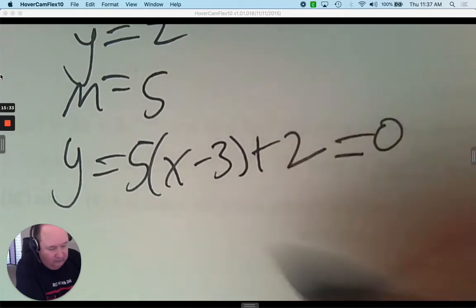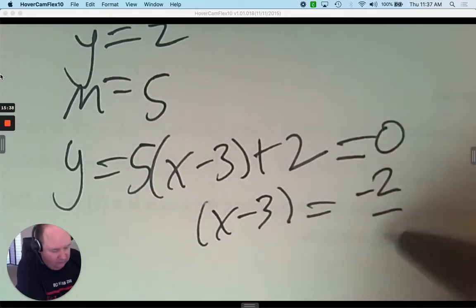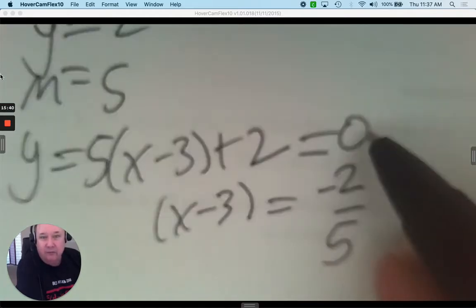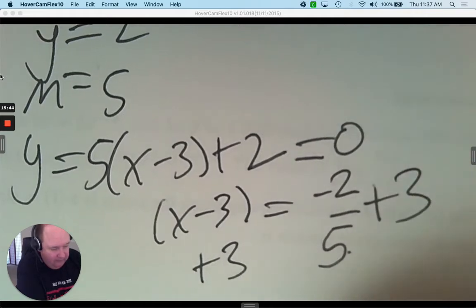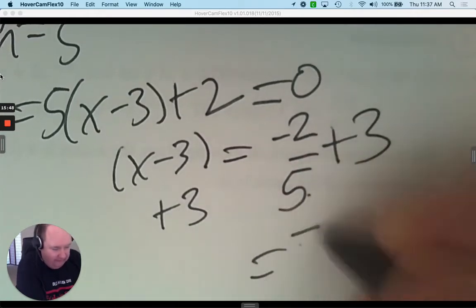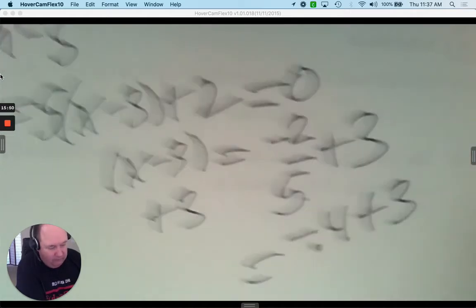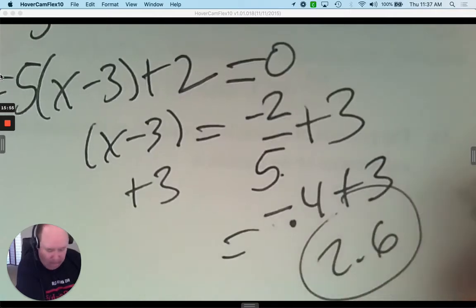So there's different ways you can think through this. I am going to subtract 2, divide by 5, and then add 3. So negative 2 divided by 5 is negative 0.4 plus 3. And so that gives me the answer 2.6.